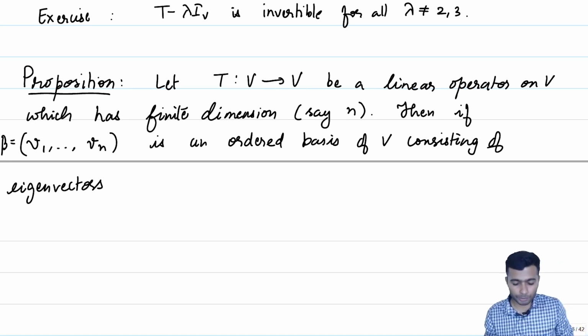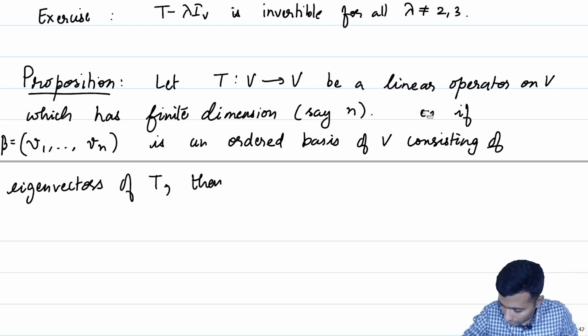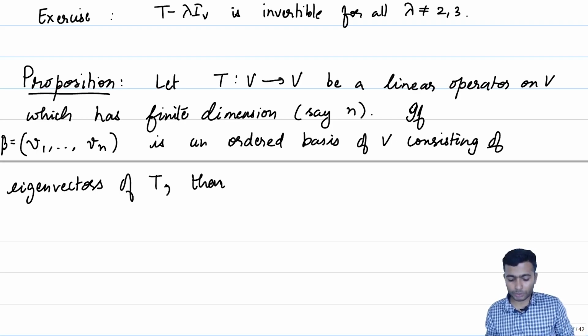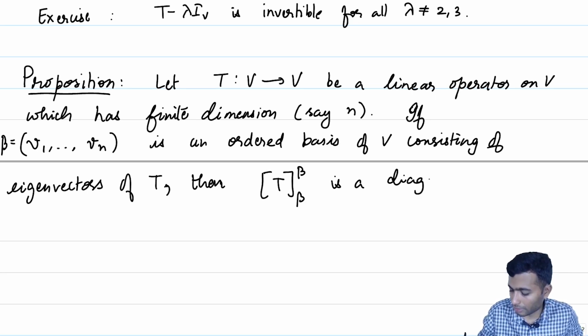Beta equal to V1, V2 up to Vn be an ordered basis of V consisting of eigenvectors of T, then, what do we have as a conclusion? Then the matrix of T with respect to the basis beta will be a diagonal matrix.